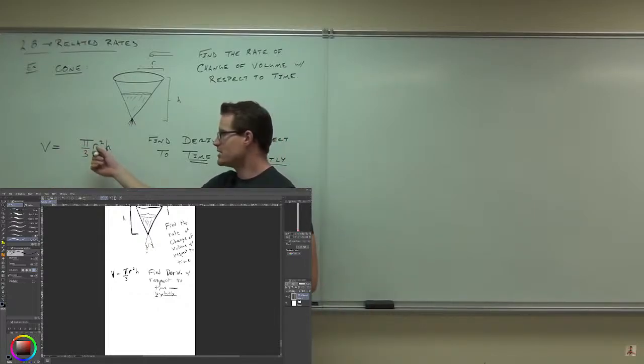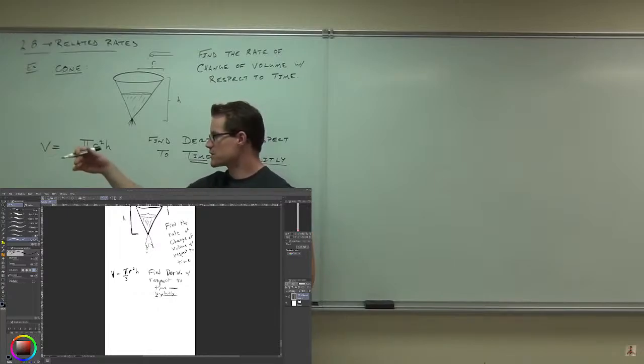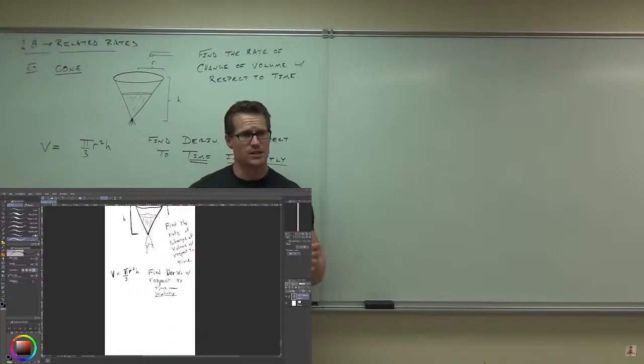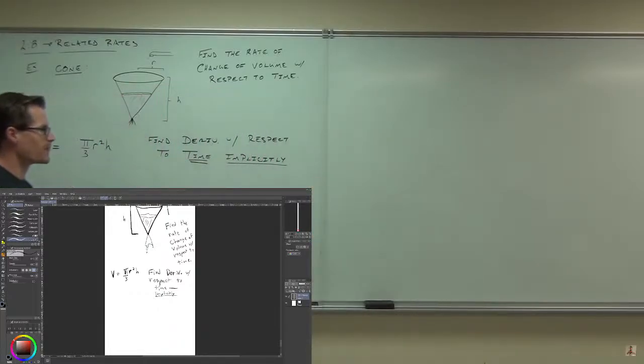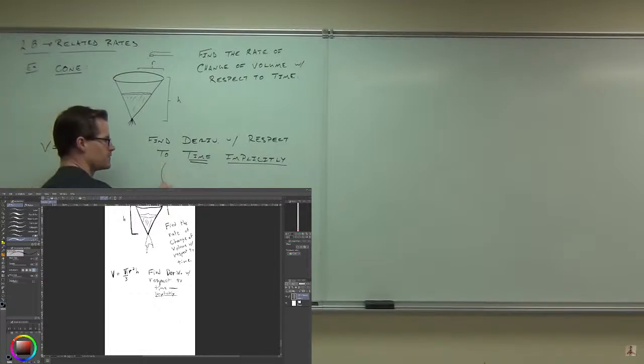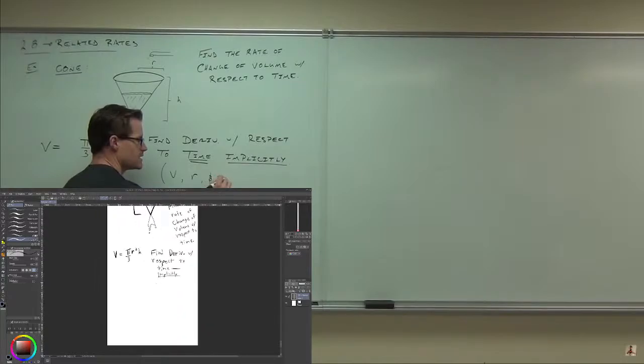I can't say h equals this t, v equals this t. So I can't solve them for t explicitly, so I have to treat them implicitly, just like we did in the previous examples. So we can do this because v, r, and h are all functions of time.